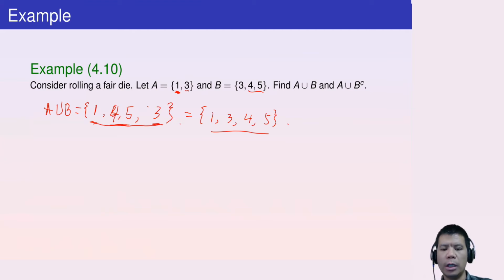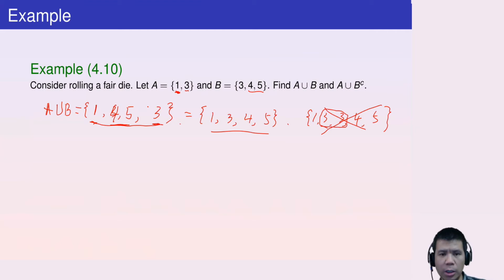Some of us may write down as 1, 3, 3, 4, 5. Now, this will not be right. This is not good because you have a repeated 3, which is not allowed in a set. In a set, it must consist of all distinct values. So you cannot write down this way. So this is A union B.